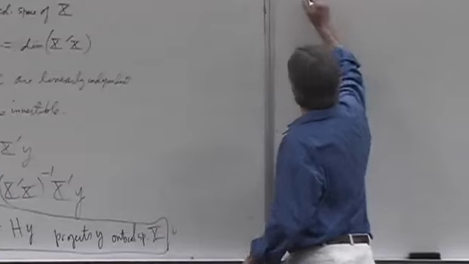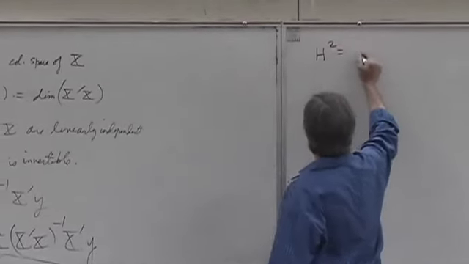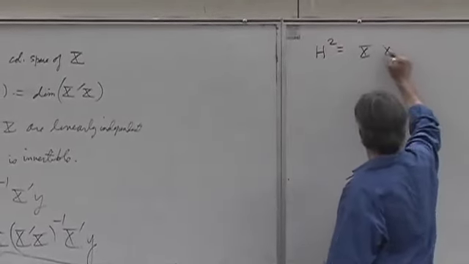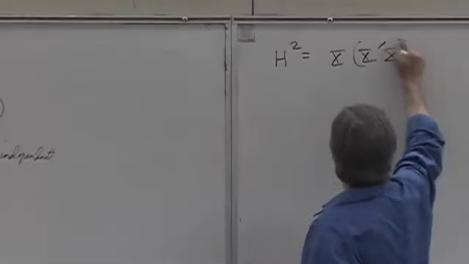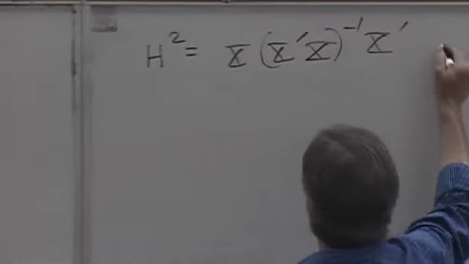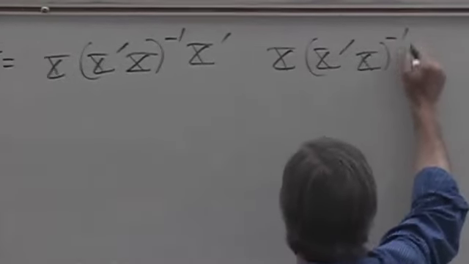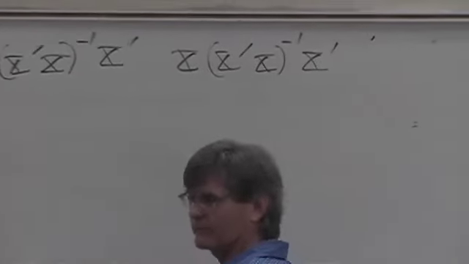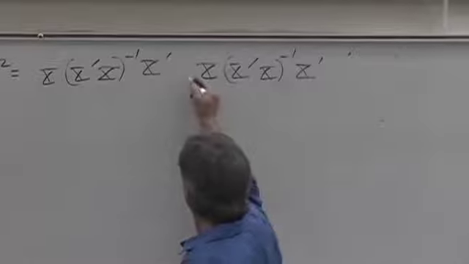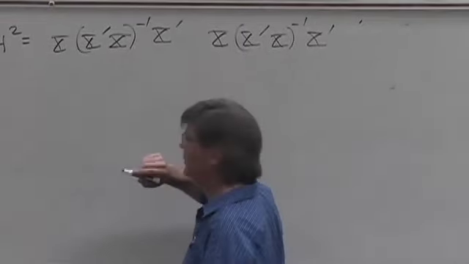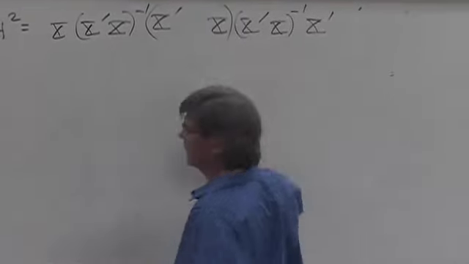So, indeed, H squared is equal to X prime X inverse X prime times X prime X inverse X prime. What happens? Multiplication is associative, so I can put the X prime X here in the middle together.